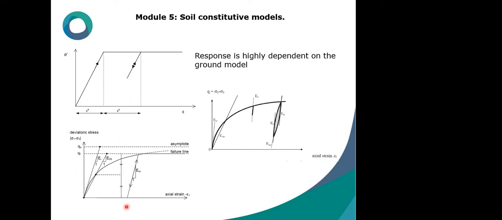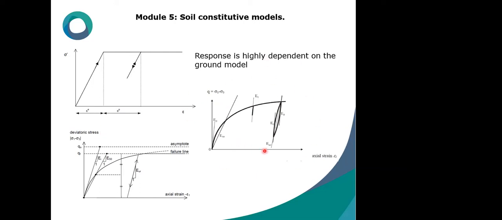This diagram in the bottom shows the hardening soil model behavior. It is not linear anymore, but it still has the same loading and reloading path, and this is not good for us. In many cases, we want to monitor the dynamic behavior of underground structures.